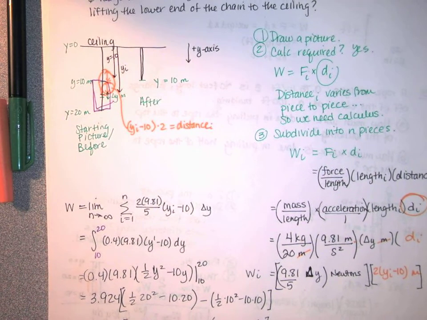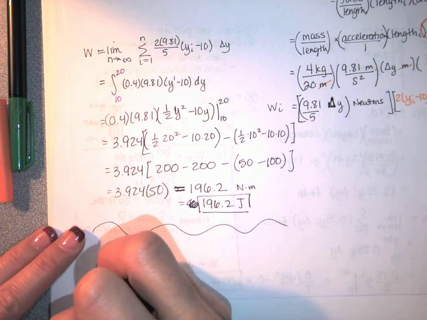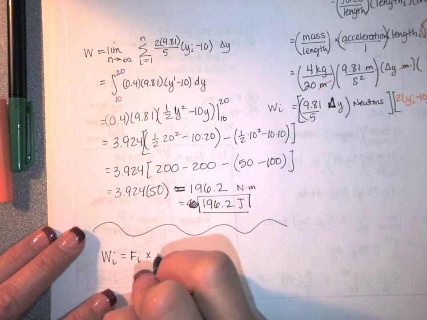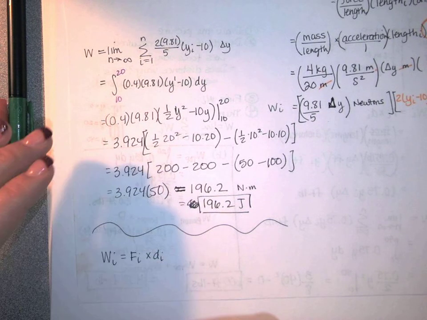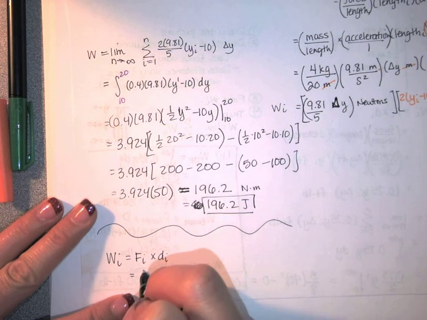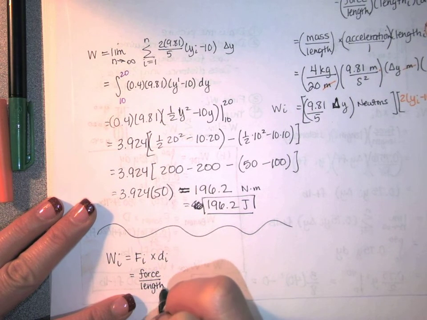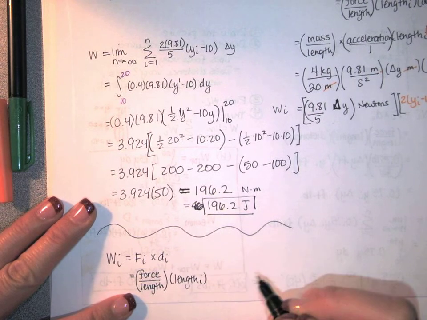And so those are our rope, tank, chain problems. One thing to keep in mind is these are almost always handled the same way. If calculus is required, so our force is varying or the distance that piece is moving through is varying, with these problems we tend to write force per unit length times length times distance.